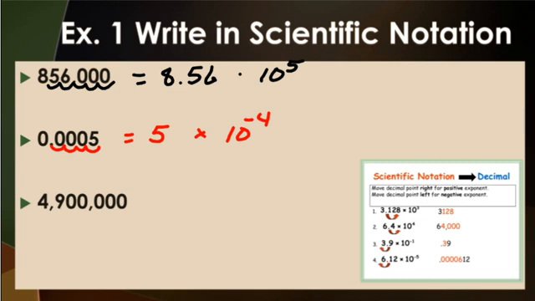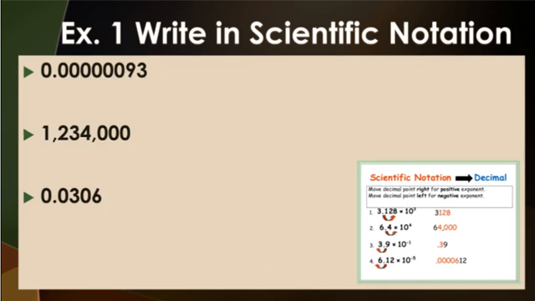Next one is 4,900,000. This would be 4.9, because I have to have one digit to the left of the decimal point, and it's got to be greater than 1. So 4.9 times 10. Move the decimal point 1, 2, 3, 4, 5, 6. It's a positive 6 because I have a number greater than 1.